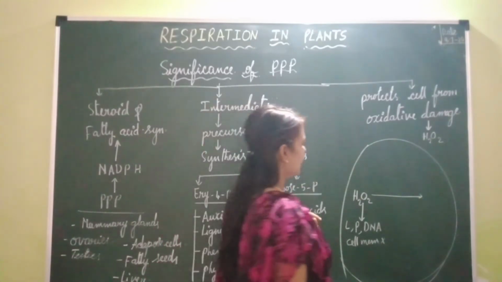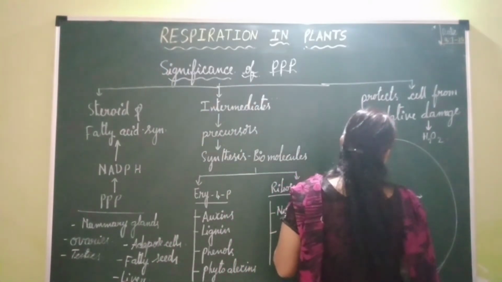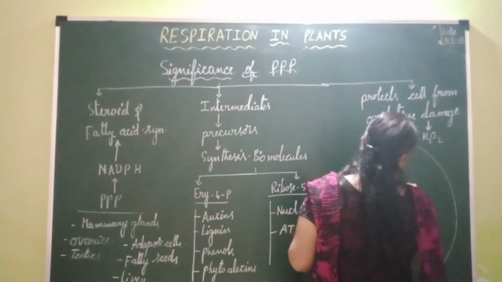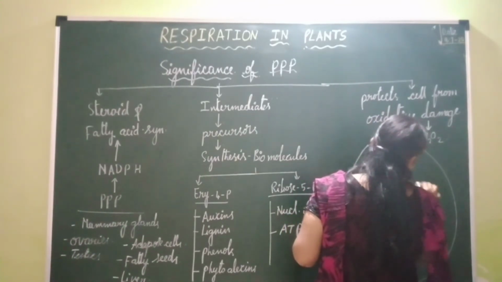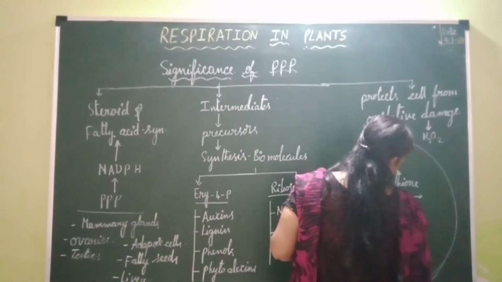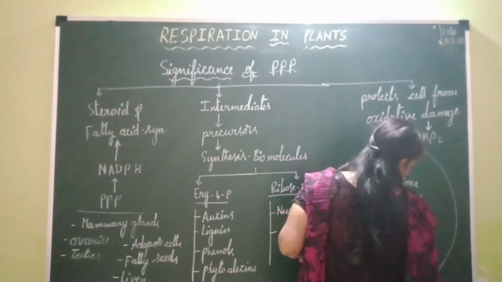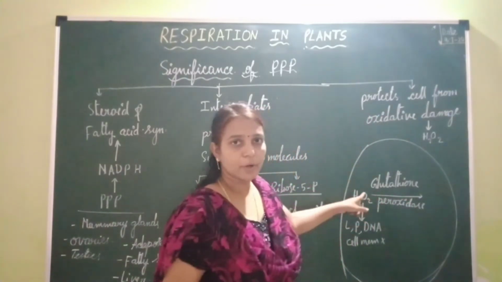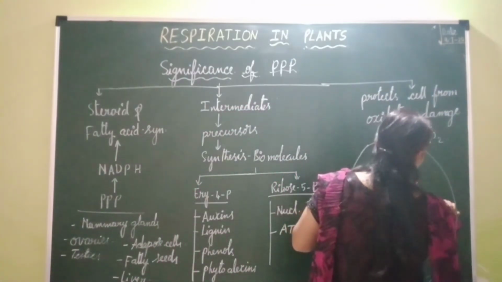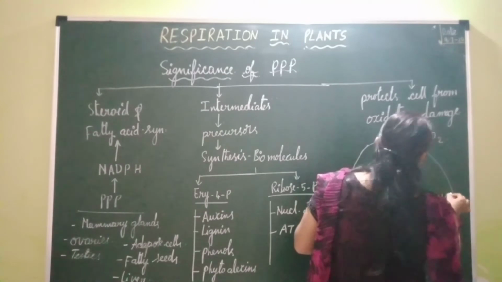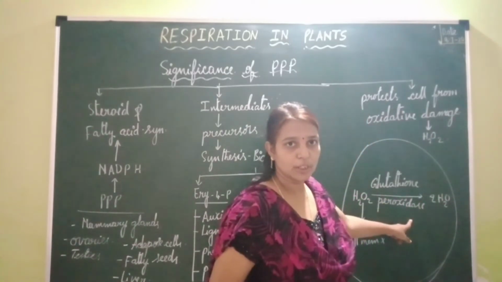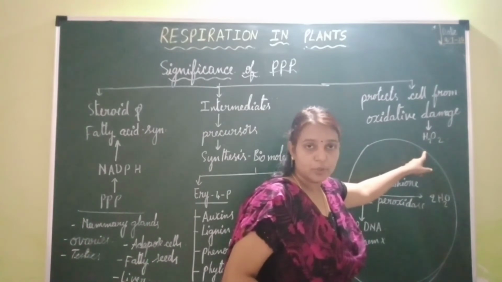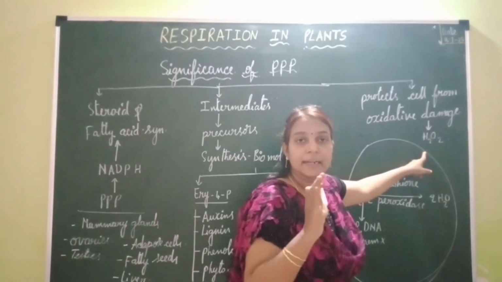But inside the cells, there is an enzyme called glutathione peroxidase. This enzyme is involved in causing the breakdown of hydrogen peroxide into water. When it breaks down hydrogen peroxide into water, the oxidative damage caused by hydrogen peroxide inside the cell is decreased.